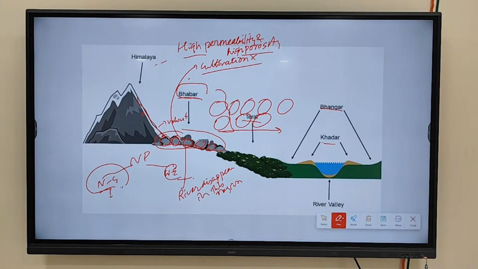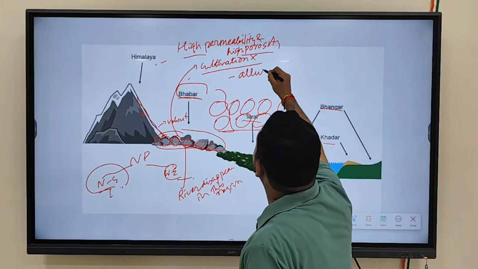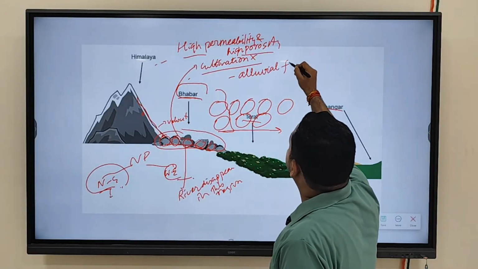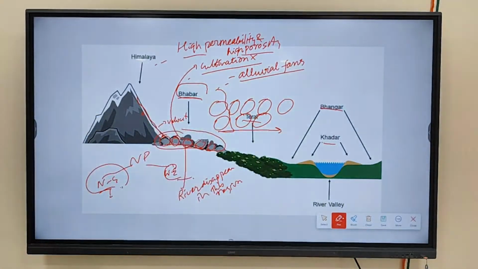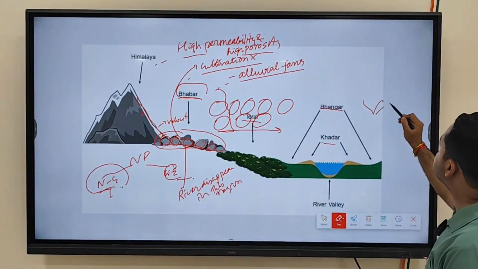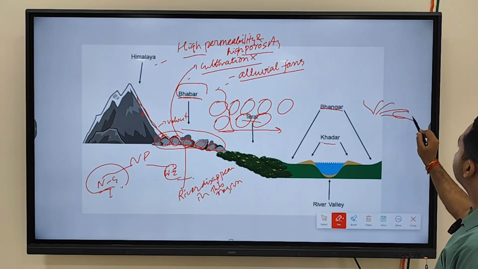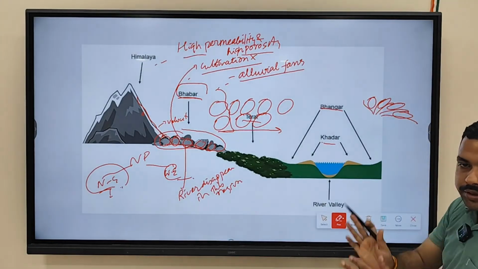It is also referred to as a region of alluvial fans. Basically what will happen is, let's say big boulders are there like this. Because of the big boulders, the river diverges into various channels.